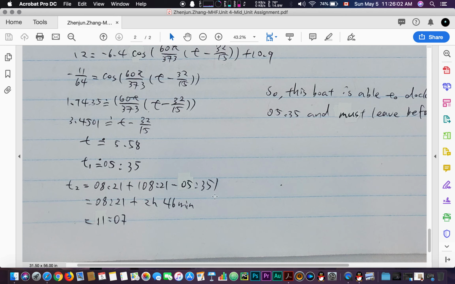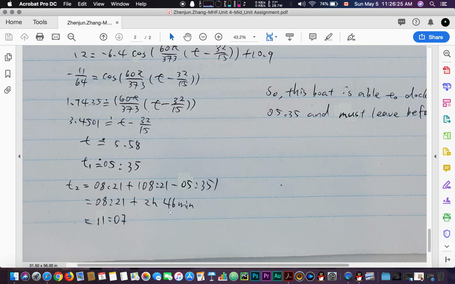T2 is 8:21 plus 8:21 minus 5:35. So we use 8:21 plus 2 hours and 46 minutes. So 8 plus 2, we get 10 o'clock.